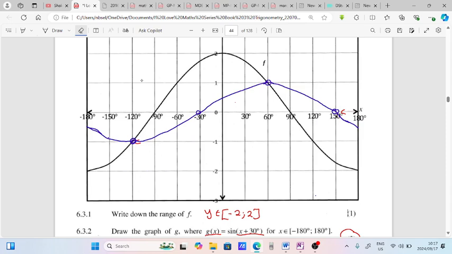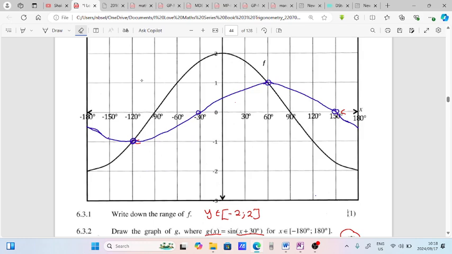Now this is the graph. For which values of x is the graph increasing, as x increases from negative 180 to the other side? Remember that when you talk about increasing, we mean positive gradient.